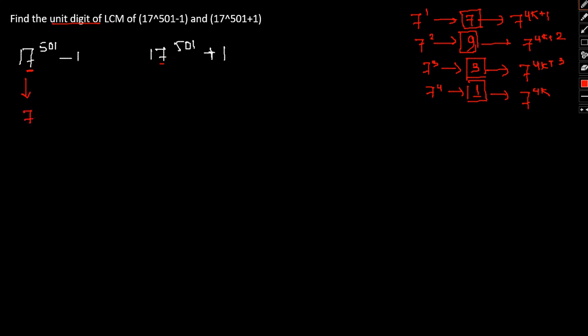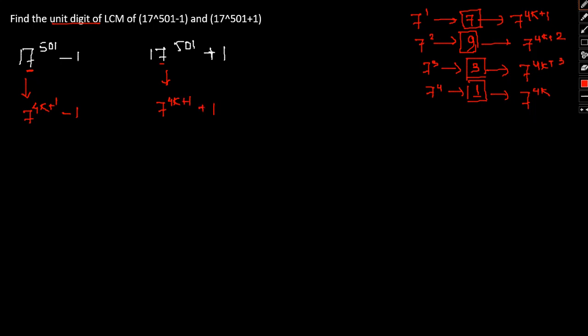Now, for 17 to the power 501, if I focus on the 7, 501 divided by 4 gives remainder 1, so 501 can be written as 4k plus 1. So 17 to the power 501 minus 1 can be seen as 7 to the power 4k plus 1 minus 1, and similarly the other is 7 to the power 4k plus 1 plus 1.